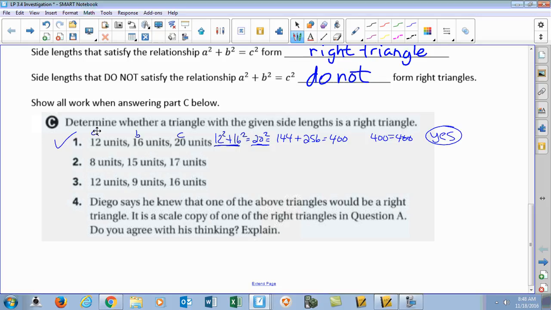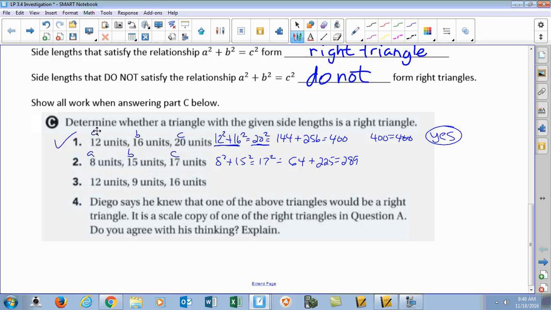All right, 2s, I want to hear from you. What was our biggest side? 17. Our smallest side was 8, so this is right. So 8 squared plus 15 squared equals 17 squared. So 8 squared is 64. What was 15 squared? 225. And what's 17 squared? 289.